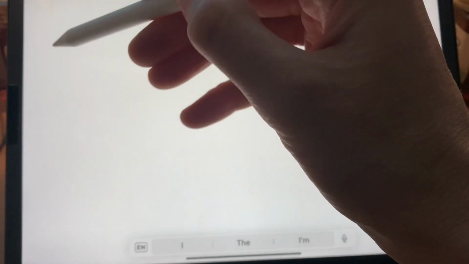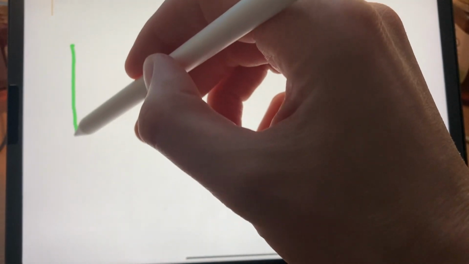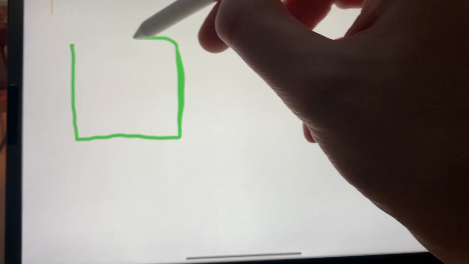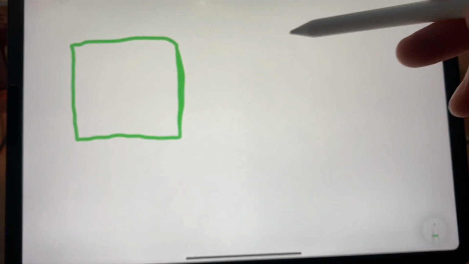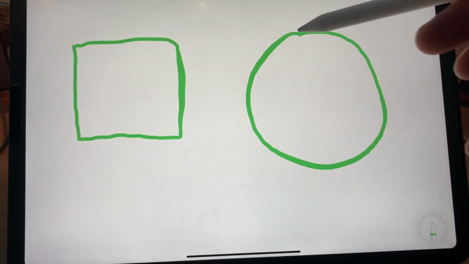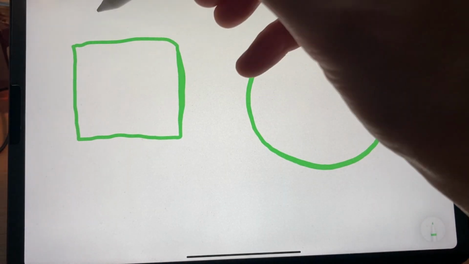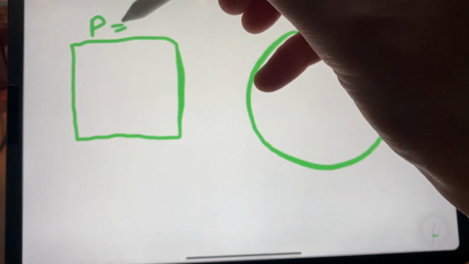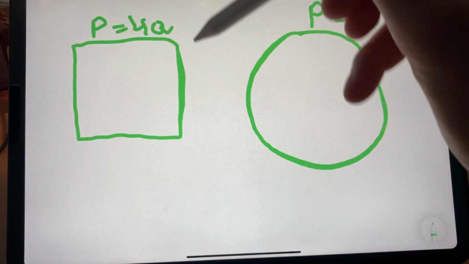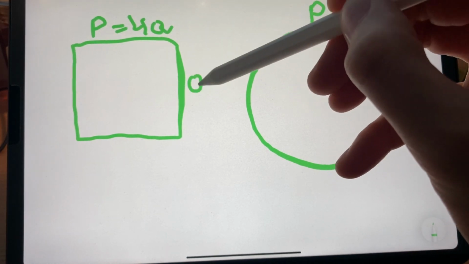Okay, so let's do this. In the case of a square, we're also going to have a circle with the same perimeter. The perimeter in the case of a circle is C, for circumference, and for the square it's 4a, where one side is a.